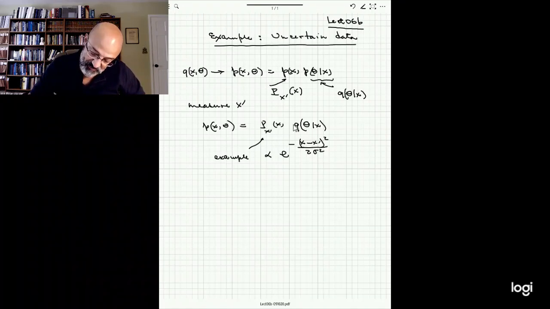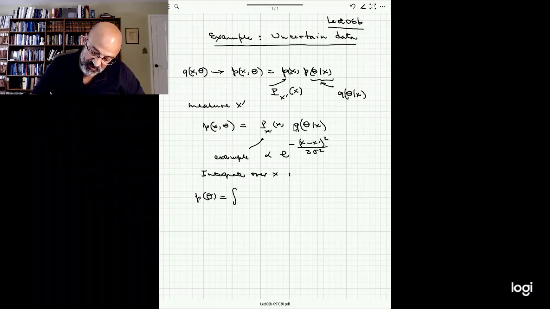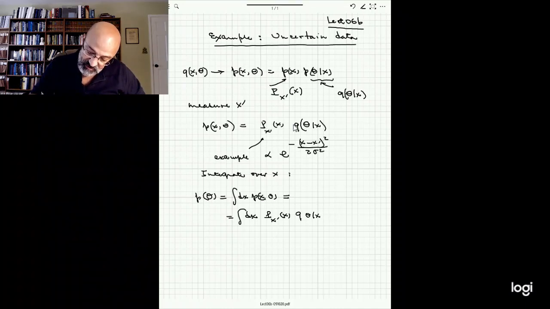To find p theta, you just integrate over x, you marginalize x, and so you have p theta is the integral over all the x's of the joint, and what that gives you is this integral over all the x's of the function that contains the actual data x prime and the old likelihood.